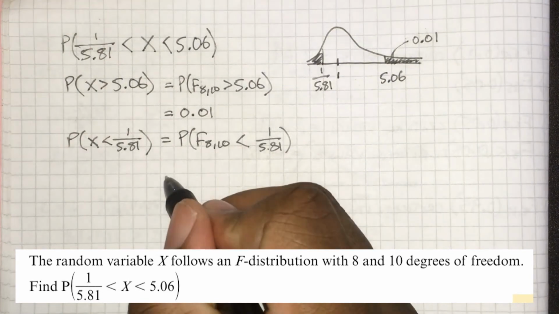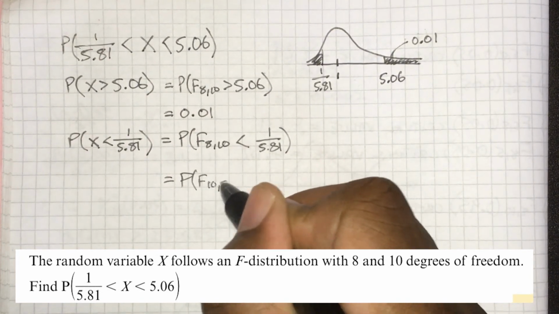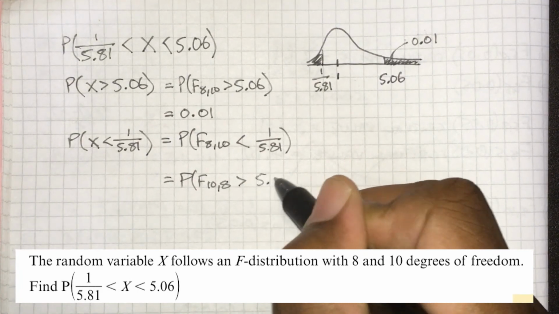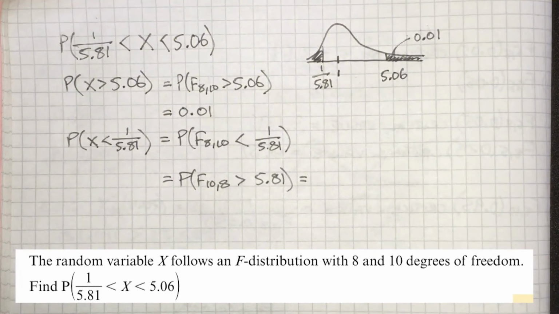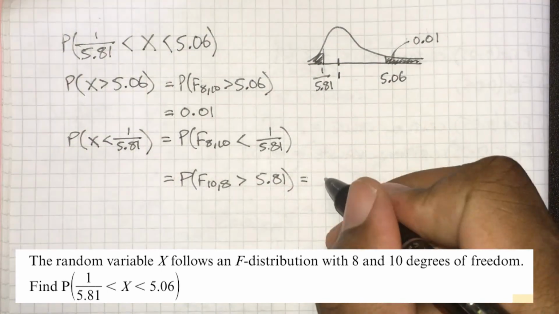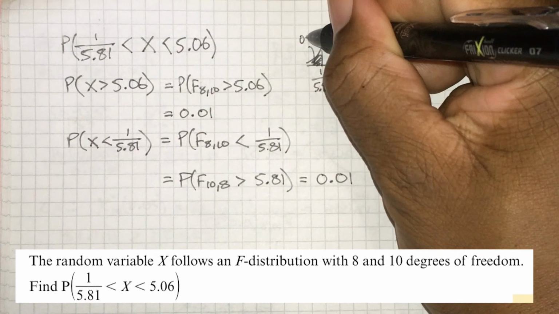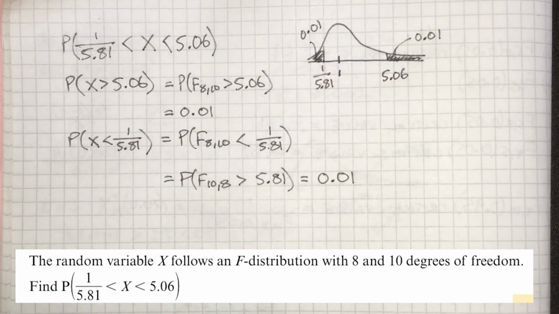So I can rewrite this as the probability that F10,8 is greater than 5.81. I've done my reversals and I'm looking for 5.81 in the column for 10 and the row for 8. And I don't see it in the 5% table, but I do see it in the 1% table. So I can write this region off as 1%.